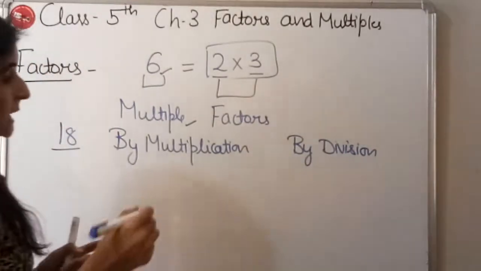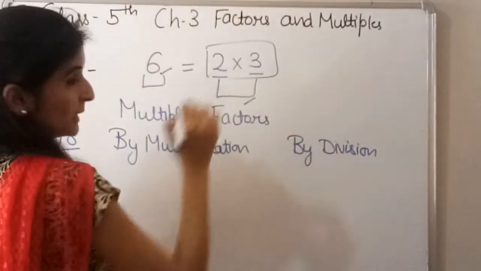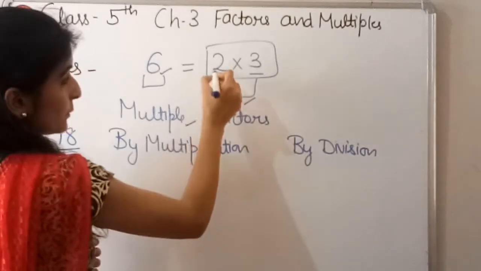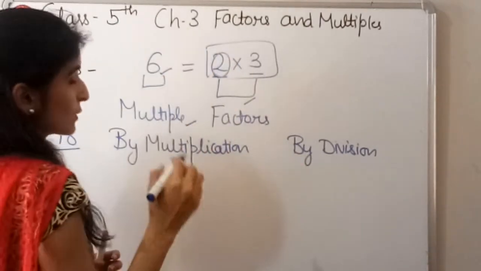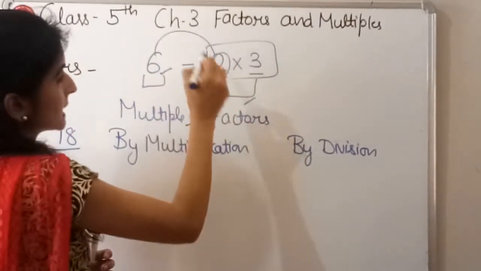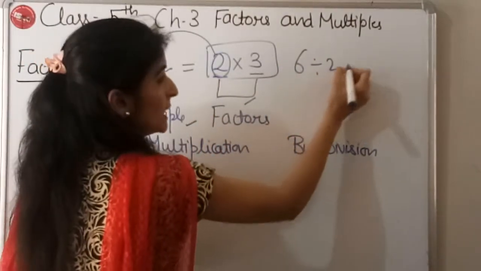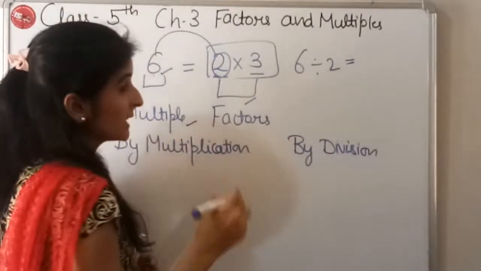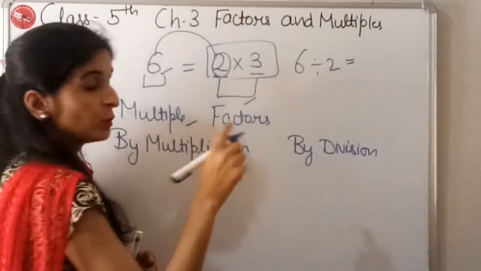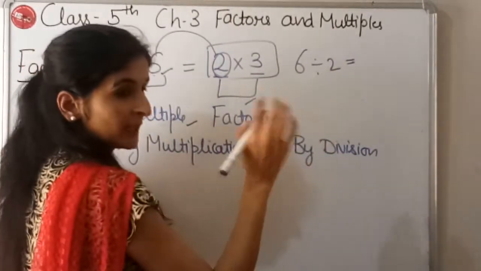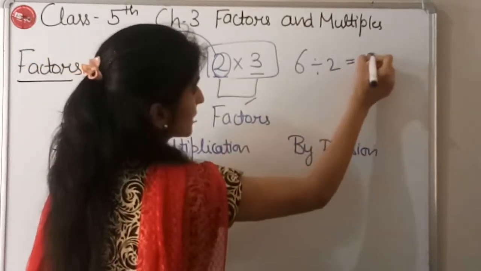Okay, so children, I have left one point here. Suppose we have this number 2. So if we divide this 6 by 2, then it will be divisible by 2, leaving no remainder. So 2 3s are 6.